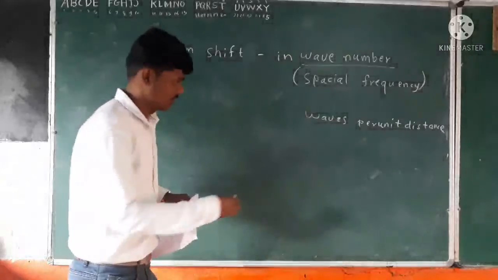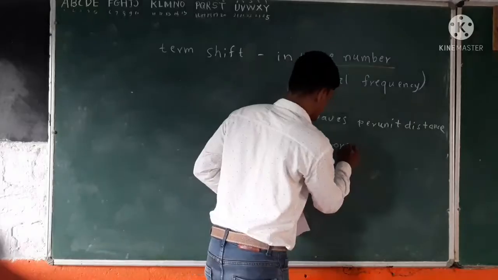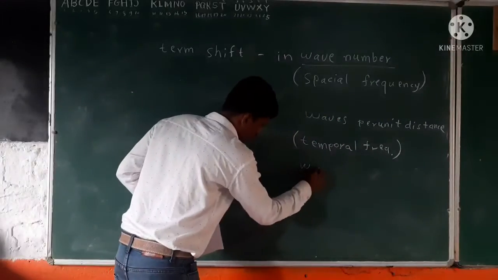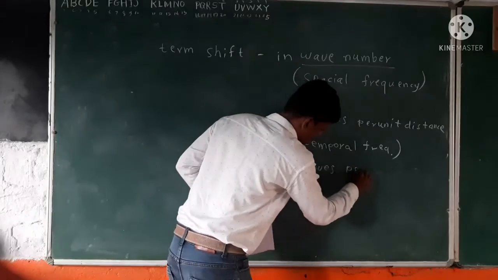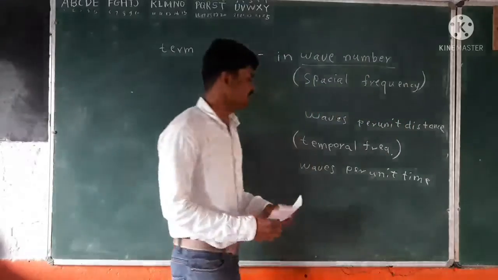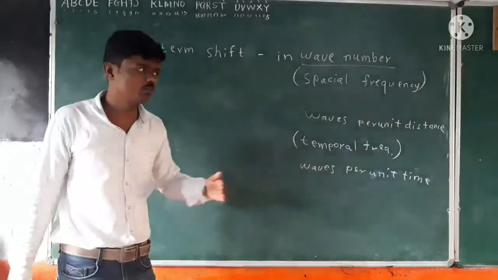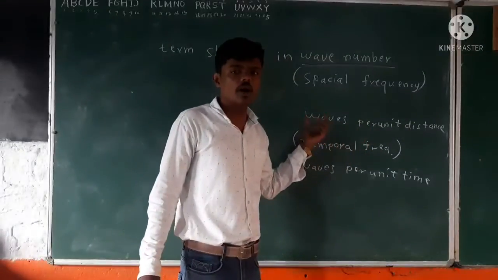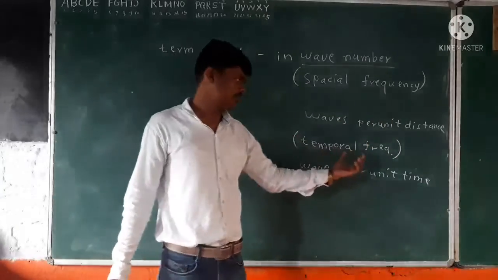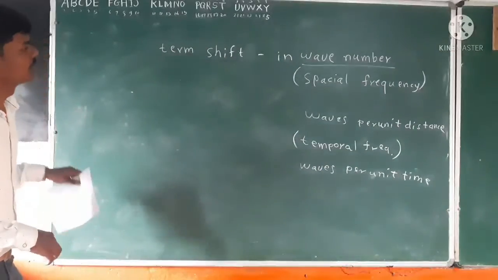We know another frequency, that is temporal frequency, our regular frequency, which is waves per unit time, that is second. So wave number is spatial frequency, that means with respect to distance.